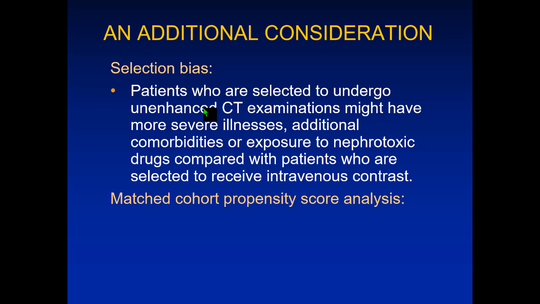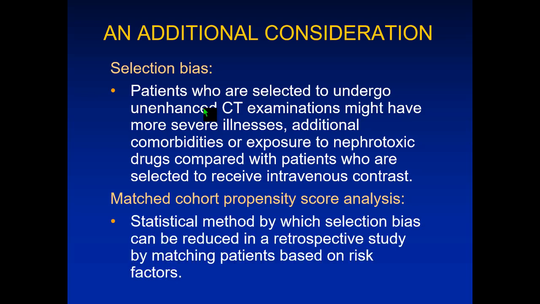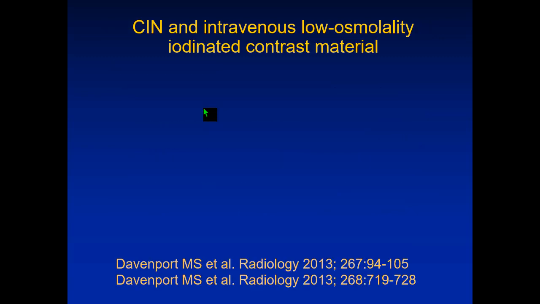And so a way of getting around this is to use what's called matched cohort propensity score analysis. And this is simply a statistical method by which selection bias can be minimized or reduced in a retrospective study by matching patients based on risk factors.